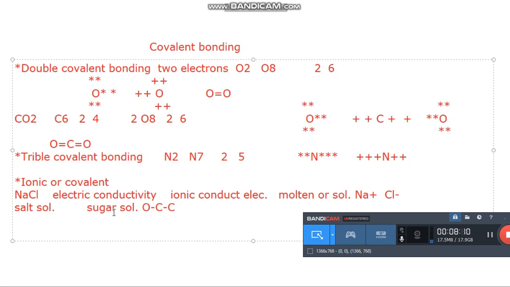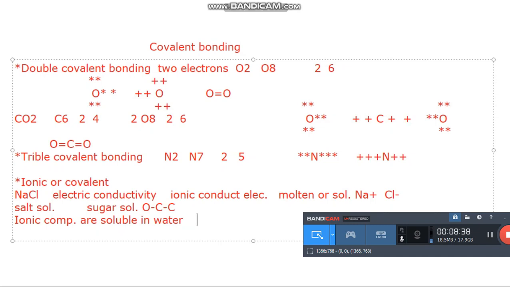Okay. The second one: ionic compounds are soluble in water. All ionic compounds are soluble in water. Why?